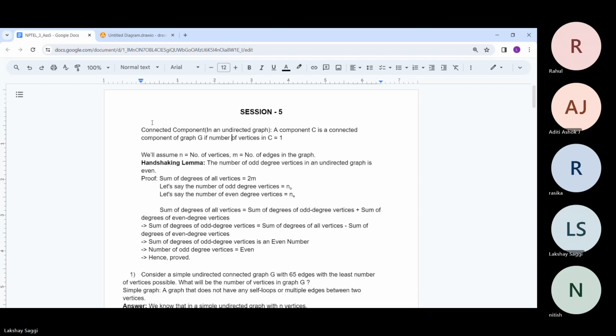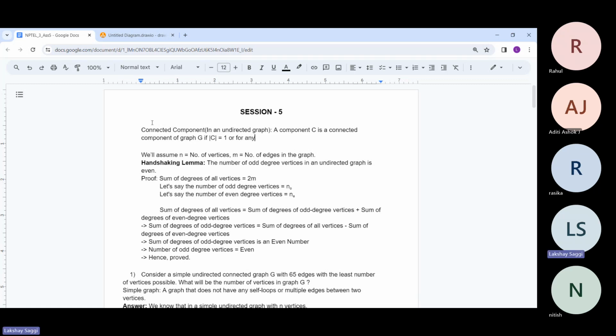Maybe I should just explain it like this: if mod C is 1, where mod C denotes the number of vertices, then a single vertex is also a connected component in itself.